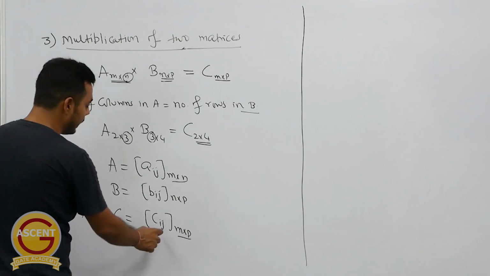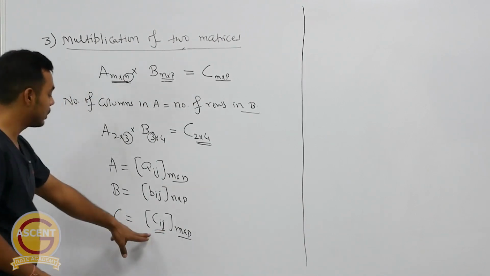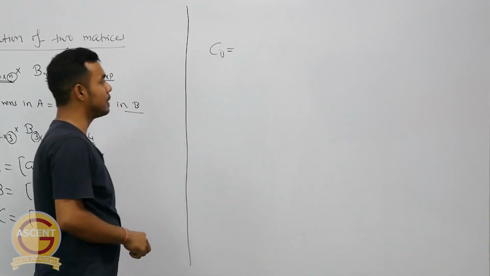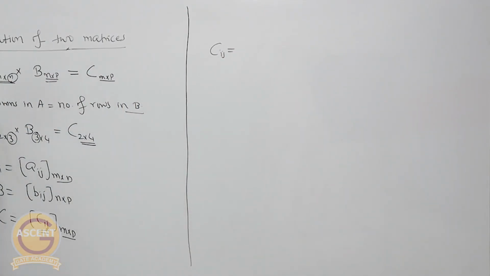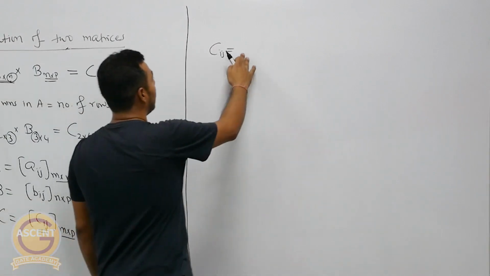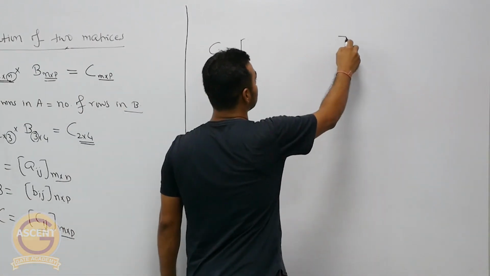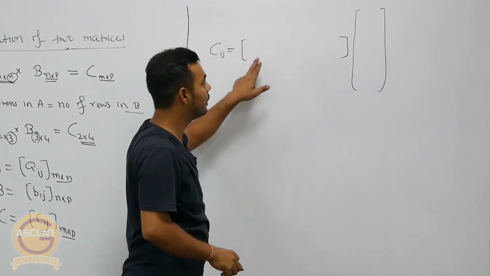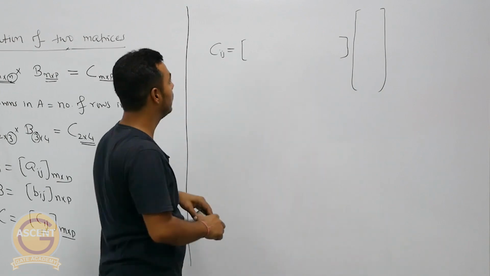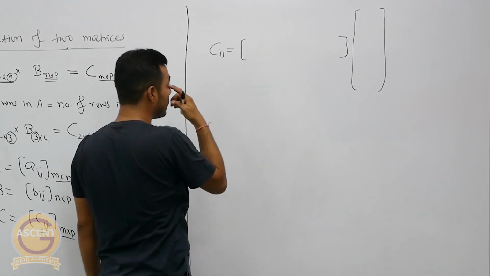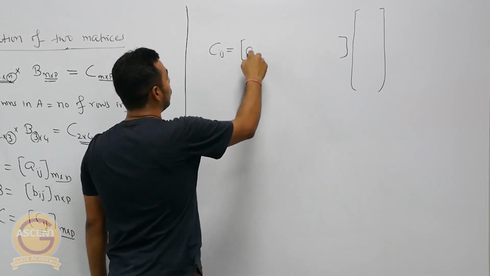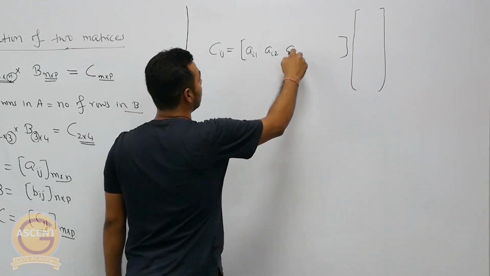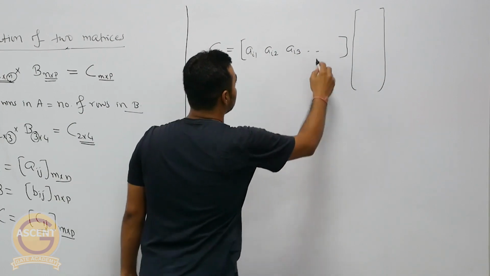Now if you want to find any element of this matrix, Cij, it will be given by the formula. You have to take the ith row of the first matrix. If I have to multiply these two matrices A and B, then you have to take the ith row of the first matrix and the jth column of the second matrix, multiply the corresponding elements, and add them. The ith row of the first matrix is Ai1, Ai2, Ai3, and so on.